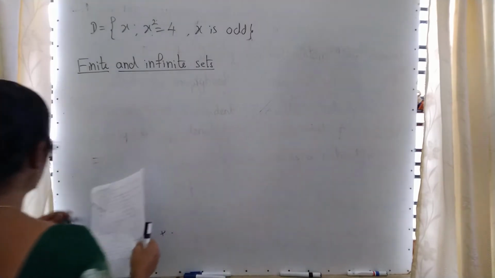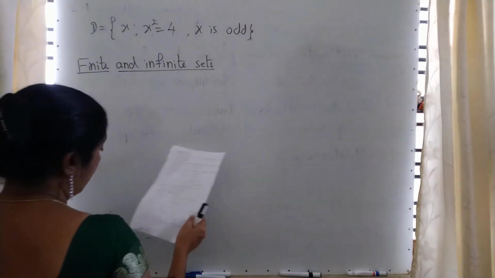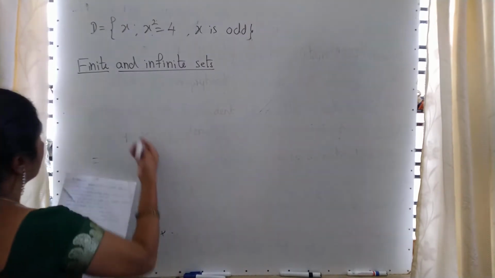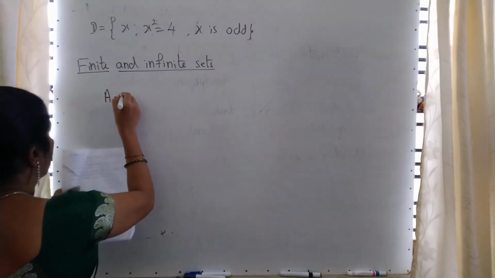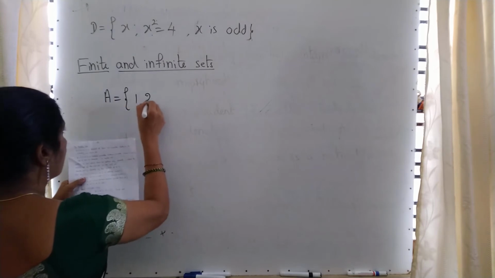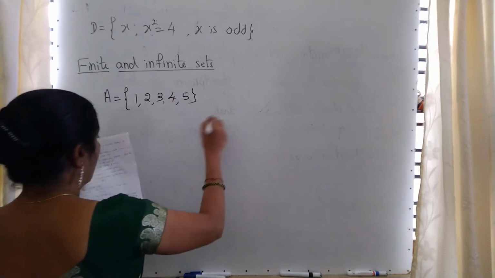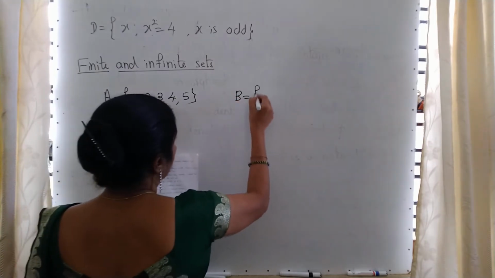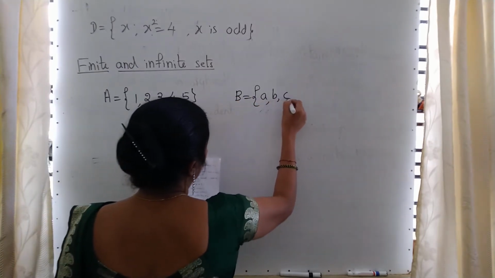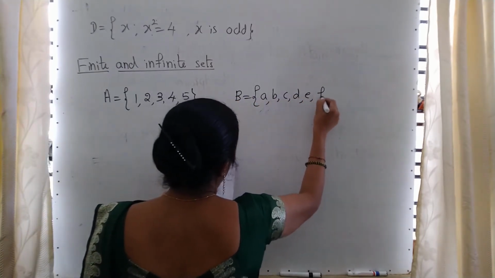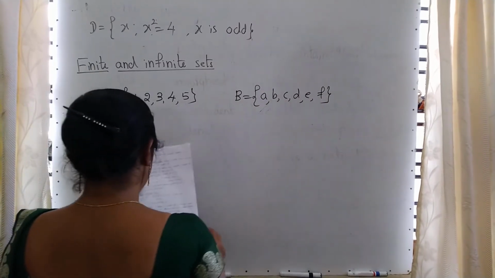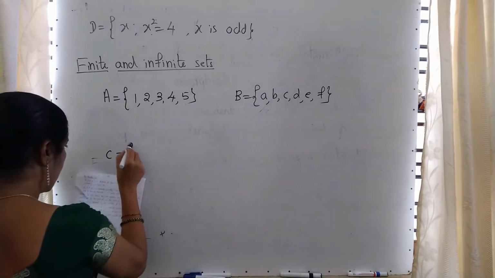Those examples only tell you what is finite and infinite. I am writing one set here, and here I am writing one more set. Next.